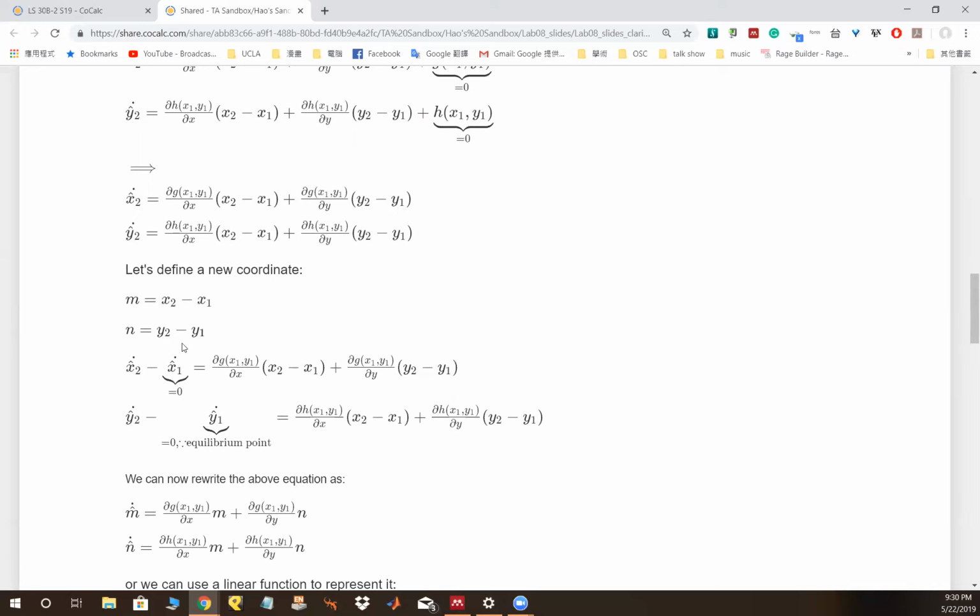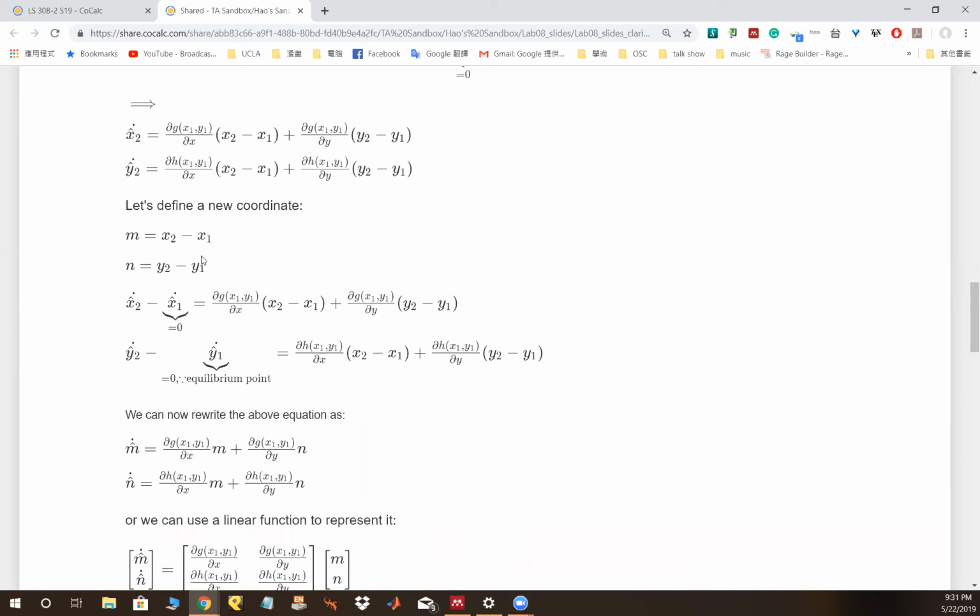And also for the y's, but since they are just 0, adding them or removing them doesn't really make any difference, so just put it here. They are 0 because they are equilibrium points. They won't change, and also because they're just constants here. Because x1 and y1 are just constants, they won't change, so the time derivative of that is just 0.